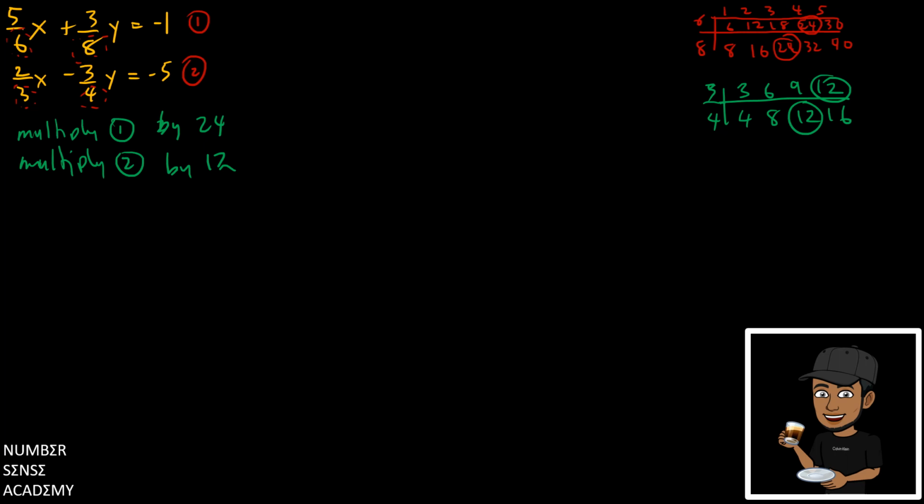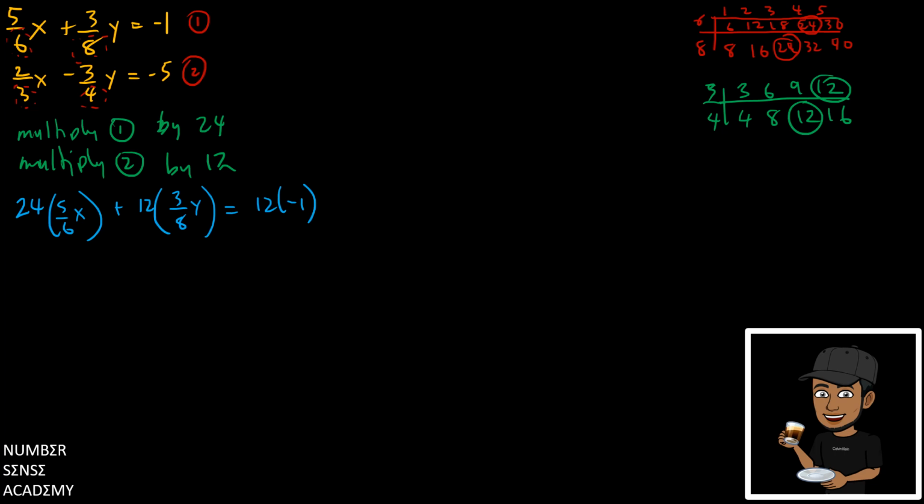Okay, let's write that out. The way I'd write that out, I'd write it differently from how I would do the previous examples. So I'm going to put the 24 out in front. I'm going to have 24 times 5 over 6 x plus 12 times 3 over 8 y equals 12 times negative 1.